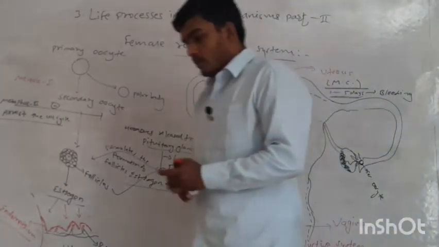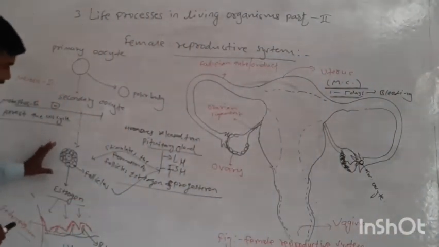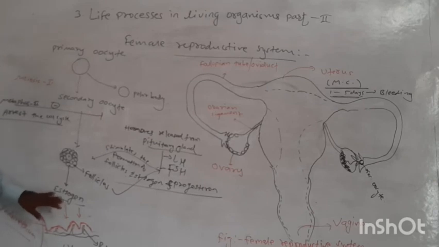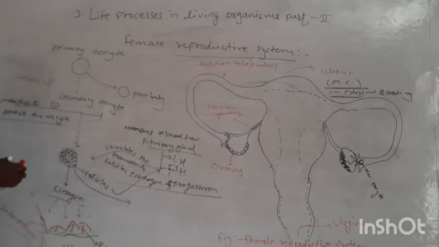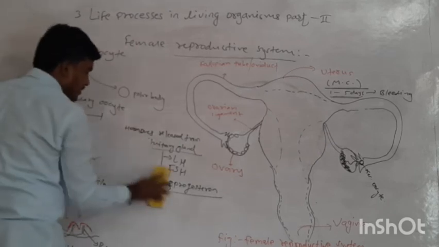Now this follicle secreted the hormone estrogen, and now what happens, this structure containing the follicle converts into the next structure. These follicles grow up.